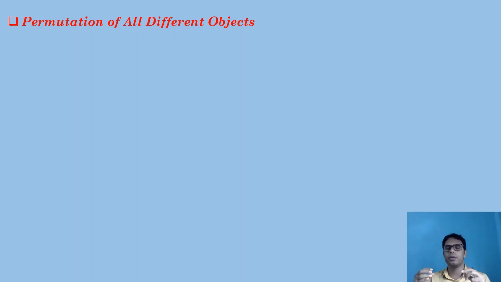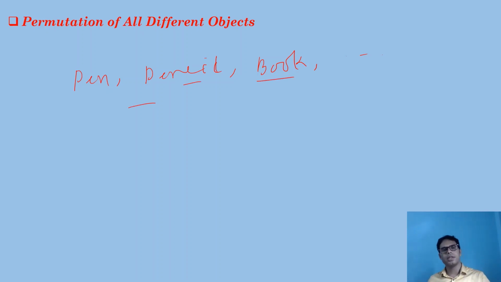That means, say, a pen is given, then a pencil is given, then say a book is given, and so on. These are different objects. Since the objects are different, how to permute?